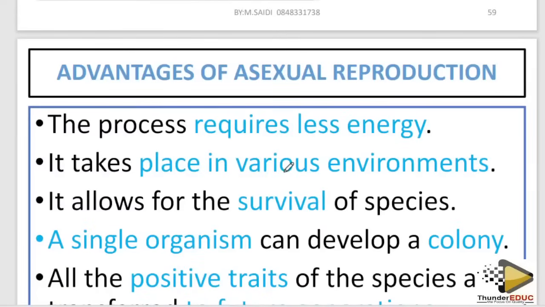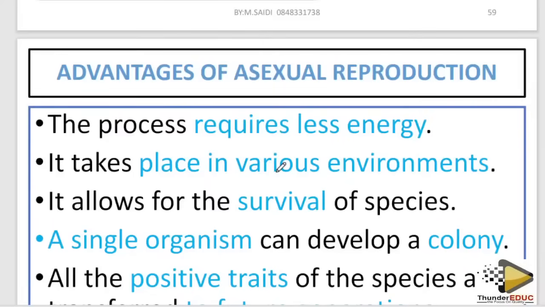Yes, you can read, because sometimes they bring a table for you to draw the similarity and the difference between asexual reproduction and sexual reproduction. Asexual reproduction requires one individual. Sexual reproduction requires two. Asexual reproduction uses less energy.